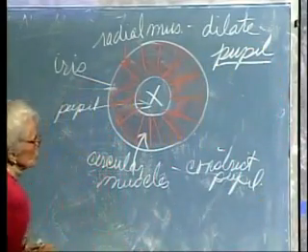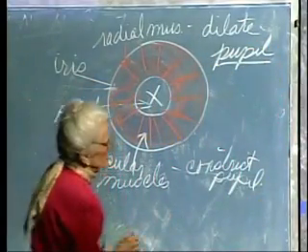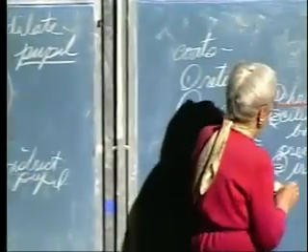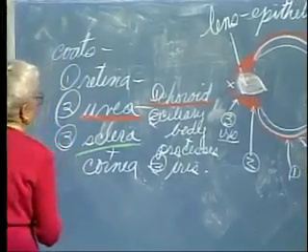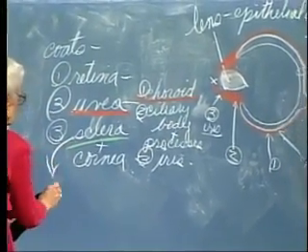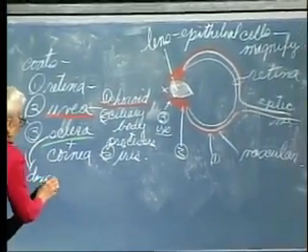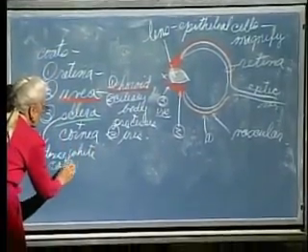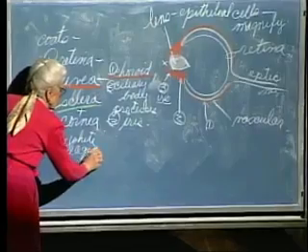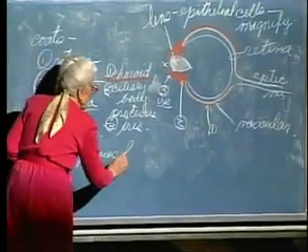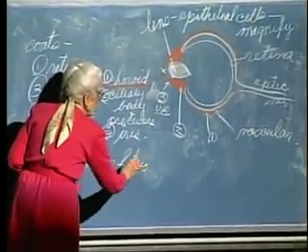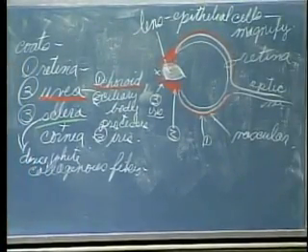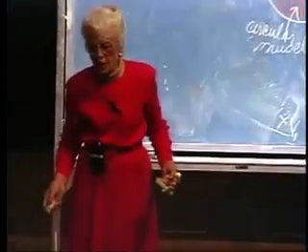All right, we have one more coat to go. We have the sclera. So sclera will be made of dense, white, collagenous fibers. So what's the common name for this layer? When you look at somebody, they've been studying all night.